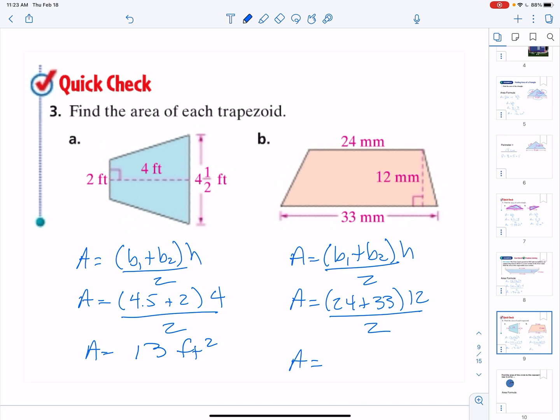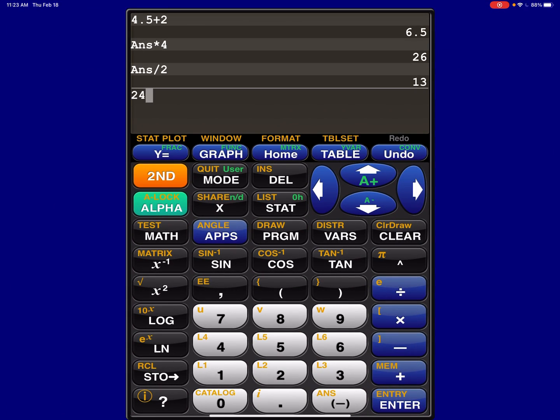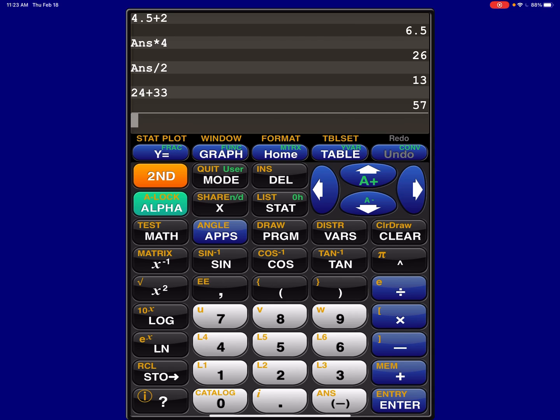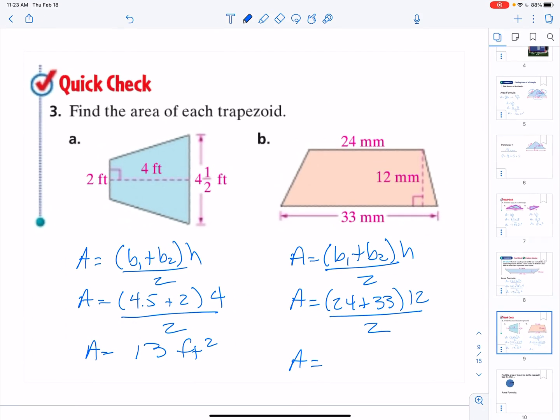For the second one, I do 24 plus 33, enter, times 12, enter, divide by 2, enter, and we end up with 342 for that one. 342 millimeters squared.